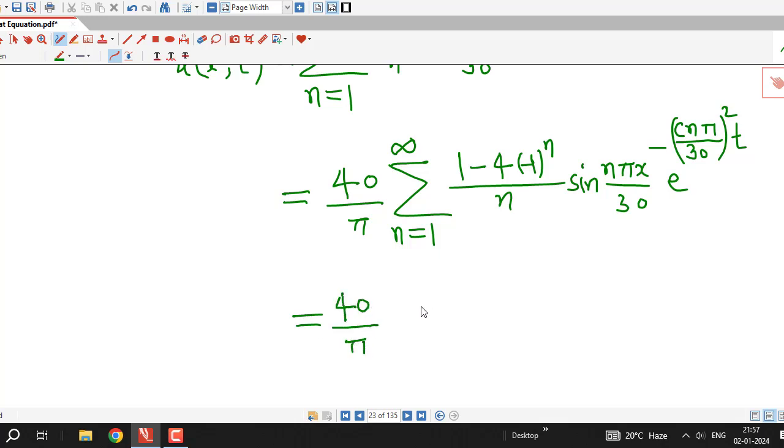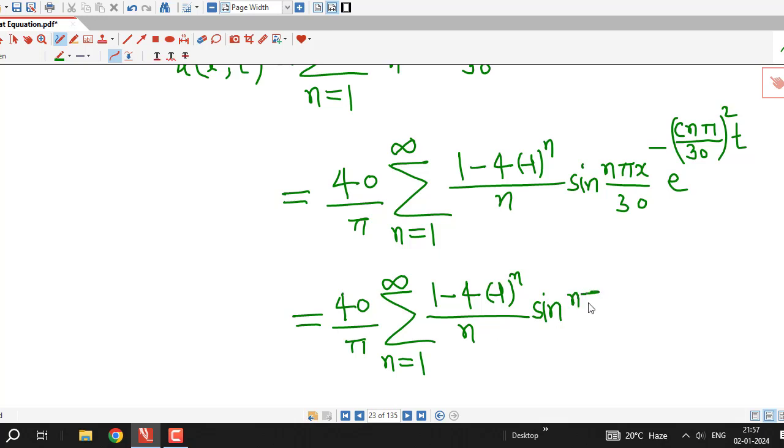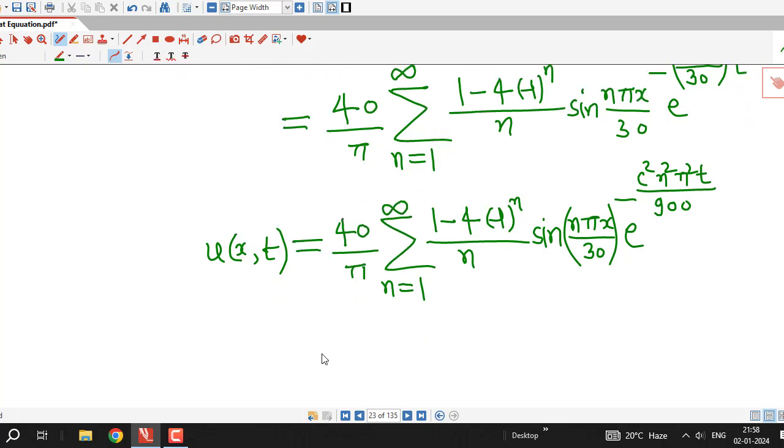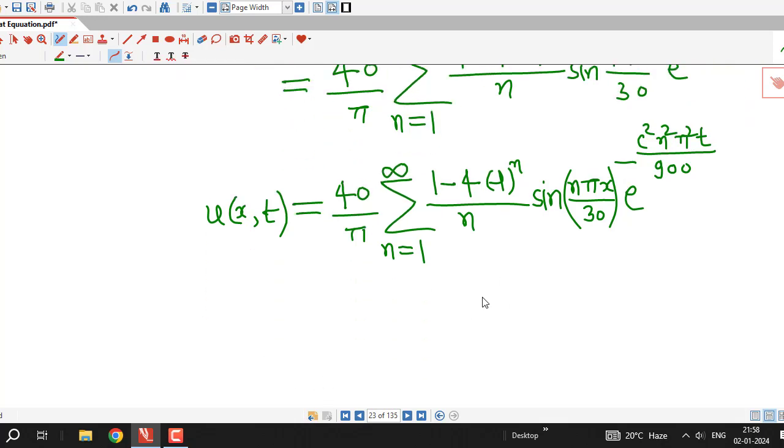This is 40 over pi sigma n equal to 1 to infinity, 1 minus 4 into minus 1 raised to n divided by n, sine of n pi x divided by 30, e raised to minus c square n square pi square t divided by square of 30, that is 900. This is the required solution, or the temperature at any point x and at any time t.